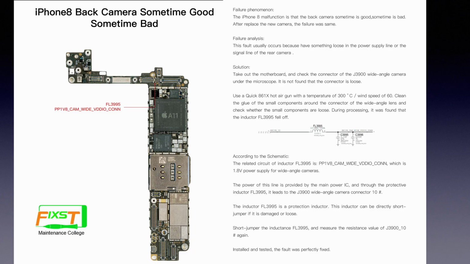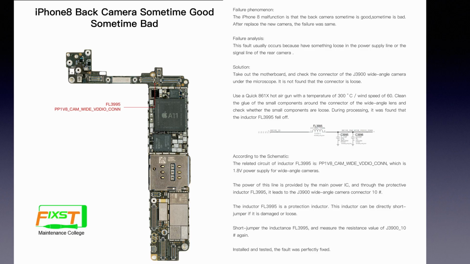Why can we not test the resistance of this connector? Because the function is sometimes good, sometimes bad, so when we detect the resistance, maybe the resistance is not right. When we actually cleaned the glue, we could see that a small component fell off. It means that before, it had been loose.